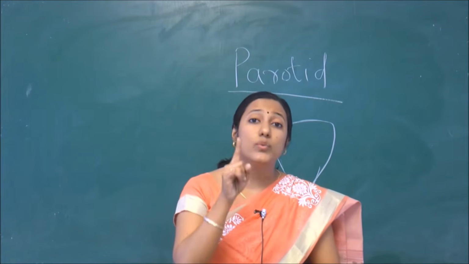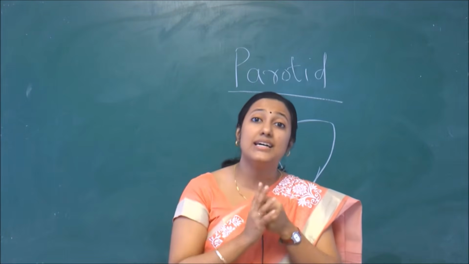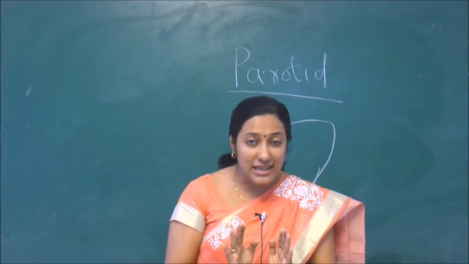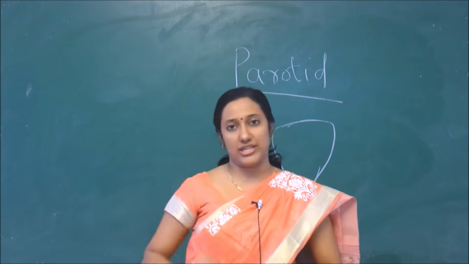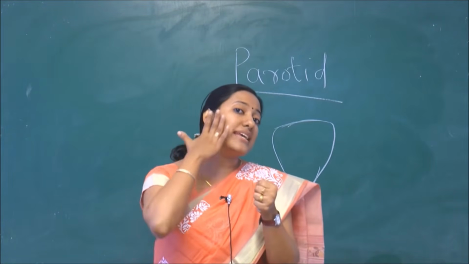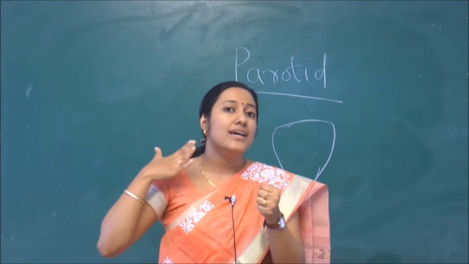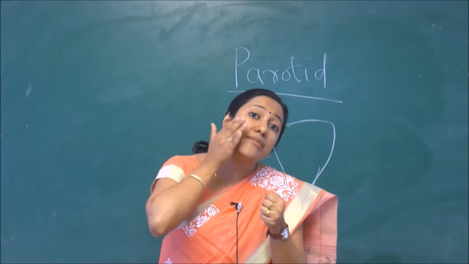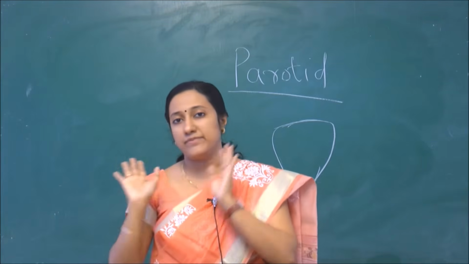But we are concerned with one part of the deep cervical fascia which covers the parotid gland and forms the false capsule, which is nothing but the investing layer of deep cervical fascia. This is the parotid gland. The investing layer of deep cervical fascia, related to the neck, will come and cover the parotid gland and form the false capsule.